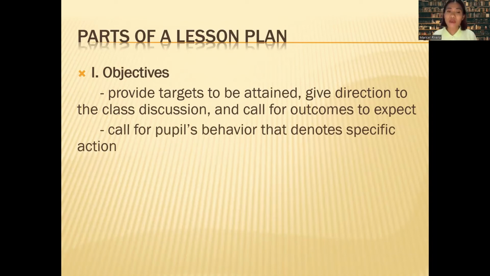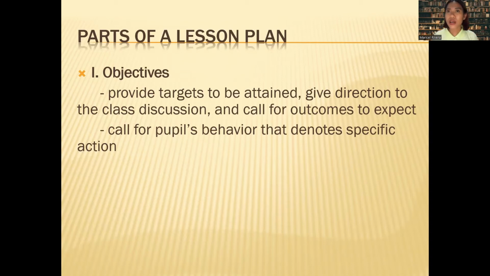In the objectives, we have to make sure it's SMART: specific, measurable, attainable, realistic, and time bound. And at the same time, you have to consider the three areas: the cognitive, affective, and psychomotor.